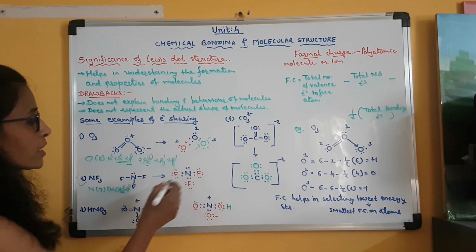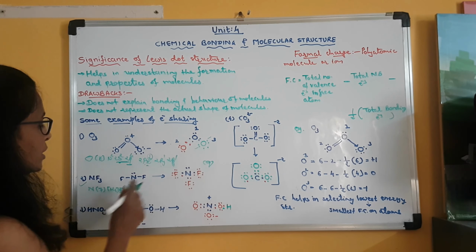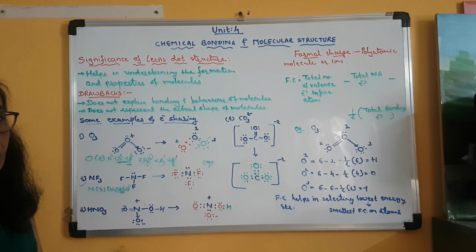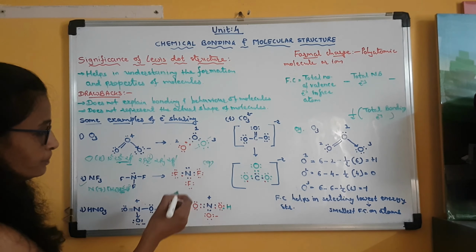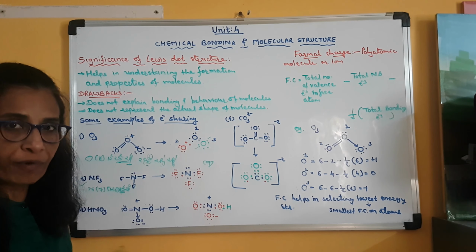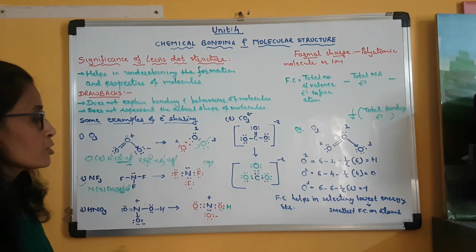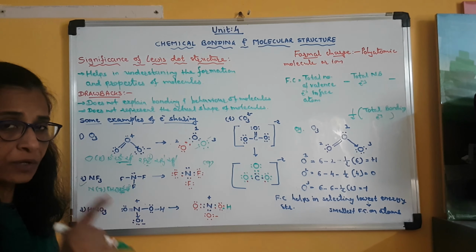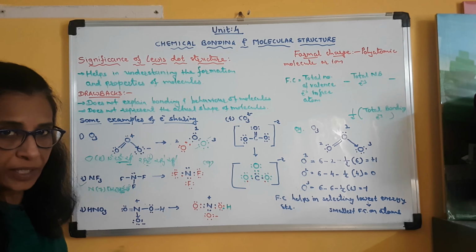Clear? Fluorine has atomic number 9, so its configuration will be 2s2 2p5. Clear? So 2p5 means it will be 2px2, 2py2 and 2pz1. So every fluorine atom has one unpaired valence electron which is present in the 2pz orbital. Clear?